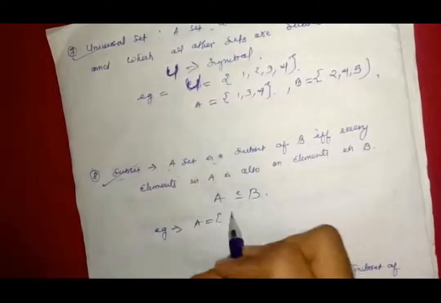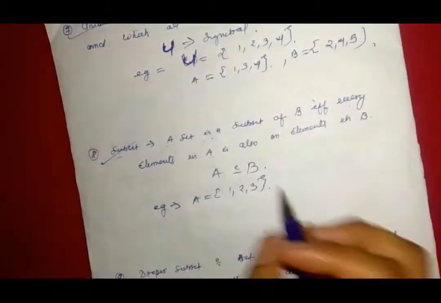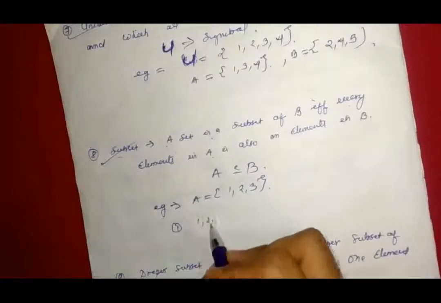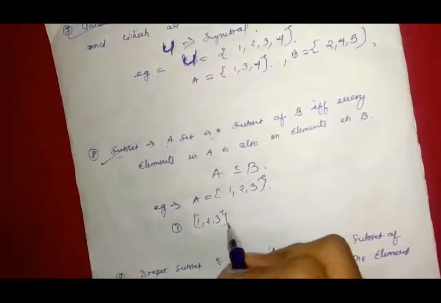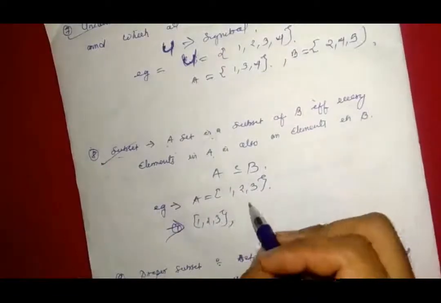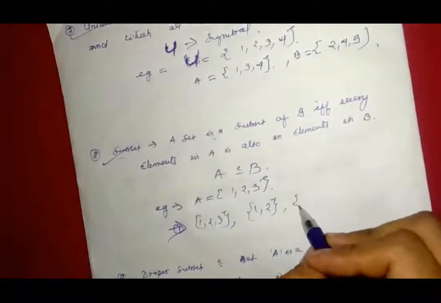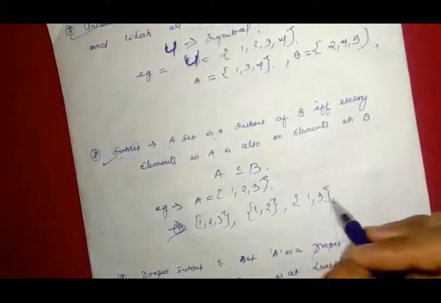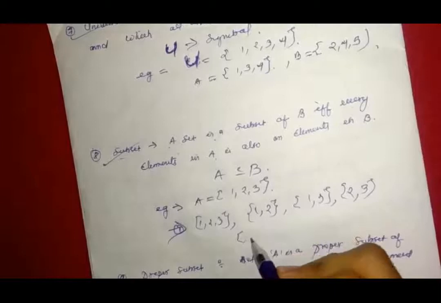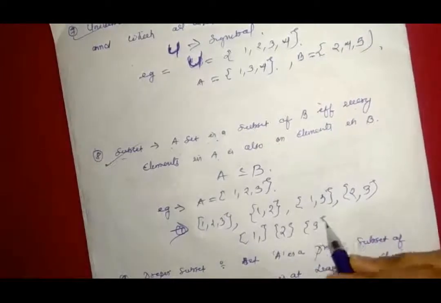a set A contains 1, 2, and 3. Now the possible subsets we can write are {1}, {2}, {3}, {1, 2}, {1, 3}, {2, 3}, and {1, 2, 3}.